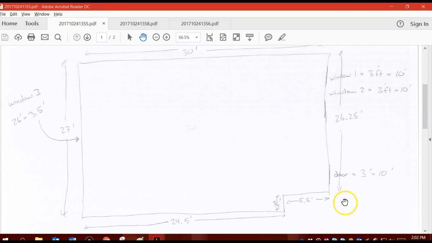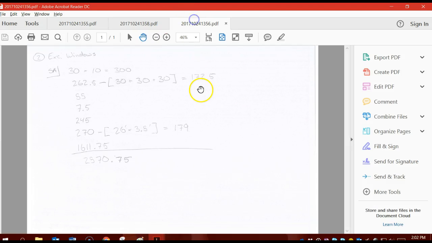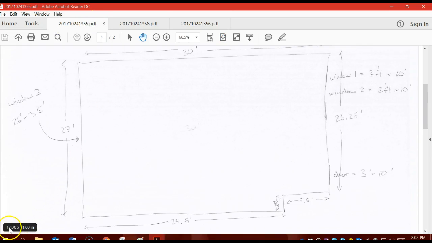So for this wall here, we know that the area of this wall is 262.5 because I multiplied it by 10. And then I'm basically just going to subtract 30 plus 30 plus 30, or 90. All right? And that will give me the area of the wall, excluding all the windows and doors. Do that for the other wall as well. Keep in mind, you also got to include your ceiling and floor, but again, you can copy a lot of that over, and that's going to give you your second surface area. Okay? So that's kind of the play, what I wanted you to think of.